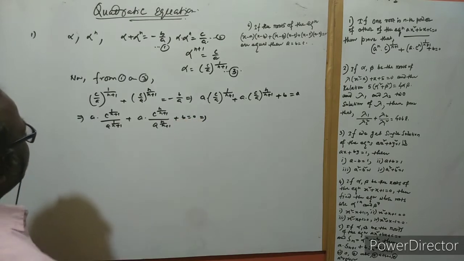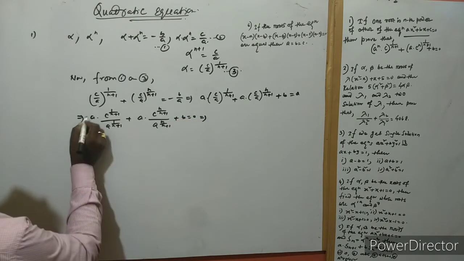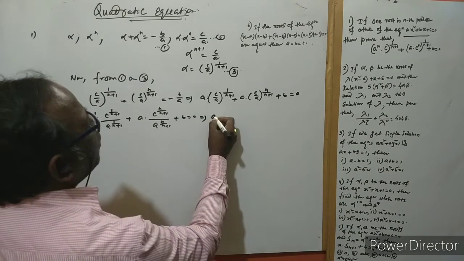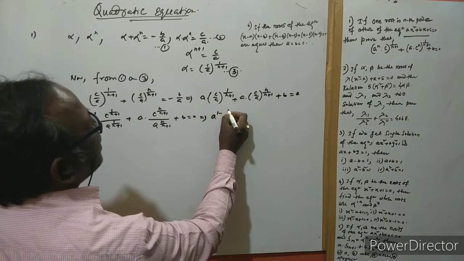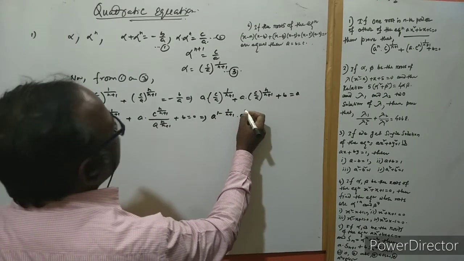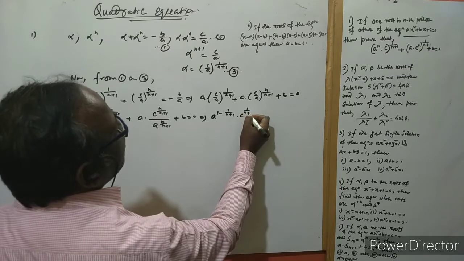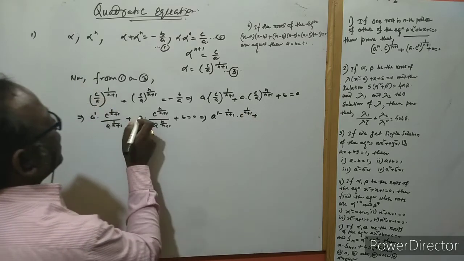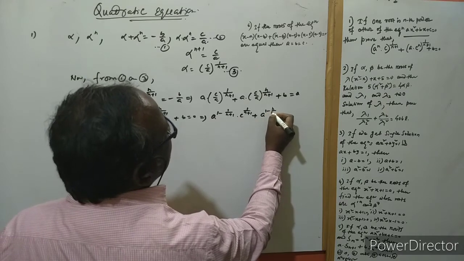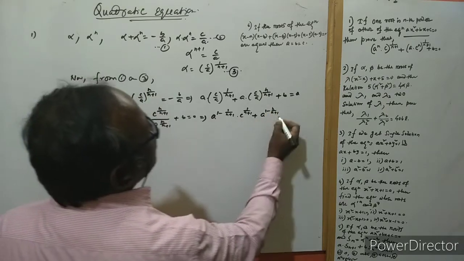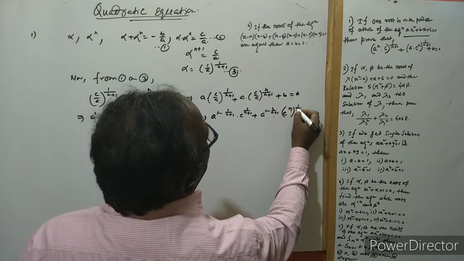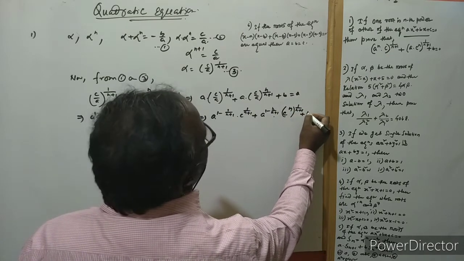So it implies that we apply the indices power, that is a to the power 1 minus 1 by n plus 1, and c into c to the power 1 by n plus 1 here. And this is here also a 1, so we can write here 1 minus n by n plus 1, and c to the power n whole to the power 1 by n plus 1 here, and plus b is equal to 0.